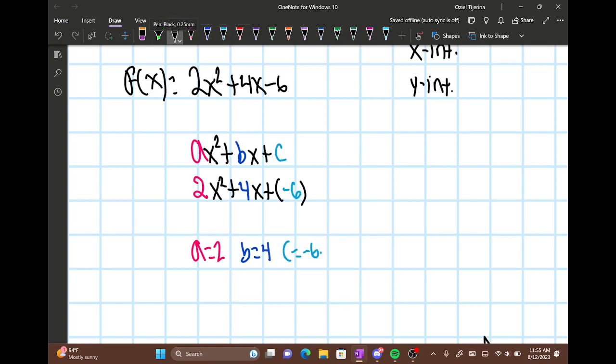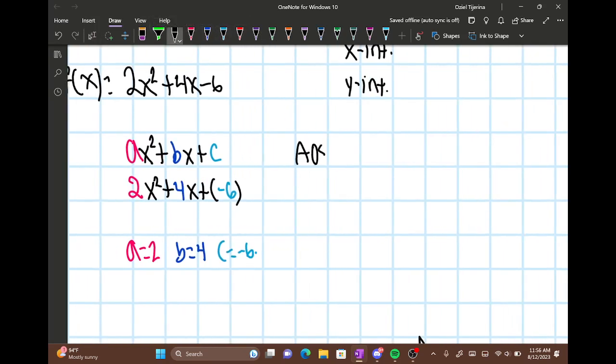Now, the axis of symmetry, I like to call it AOS for axis of symmetry, is basically going to be x equals negative b over 2a.